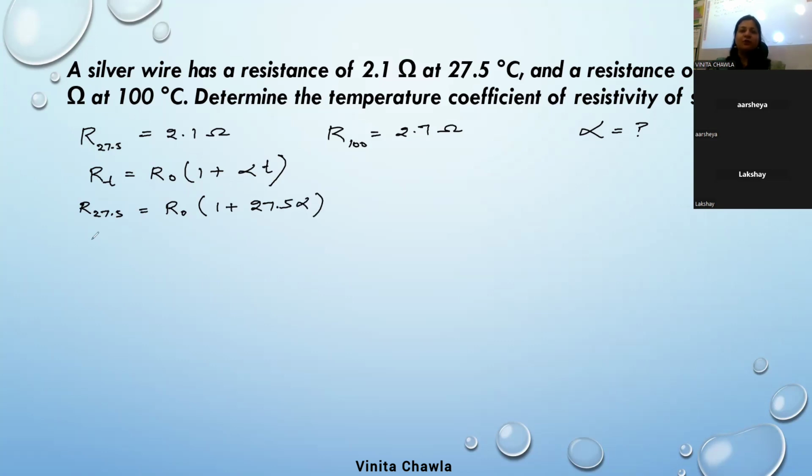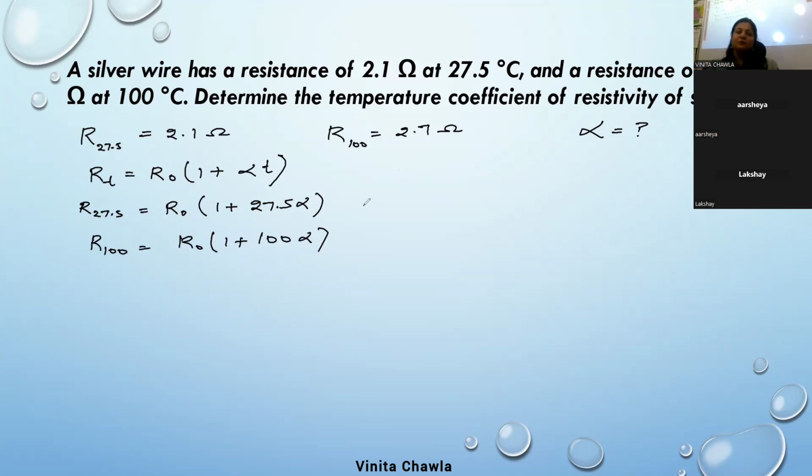And similarly, we can write for R100. R100 is equal to R naught 1 plus 100 alpha. Change in temperature, we are considering from 0 degrees Celsius. It's delta T. So from 0 degrees Celsius to 27.5 degrees Celsius, you will get 27.5 only.